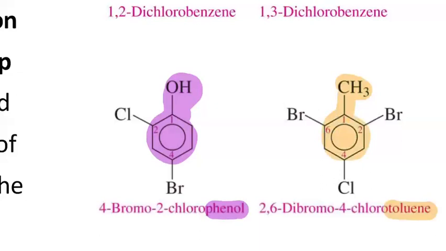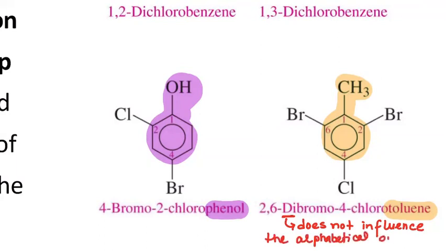Remember, the reason why dibromo is coming before chloro is because the di does not influence the alphabetical order. Okay, so whenever we are placing the substituents in alphabetical order, what I'm comparing specifically is going to be the B in bromo to the C in chloro.